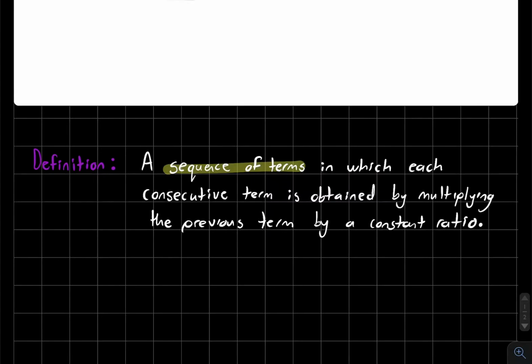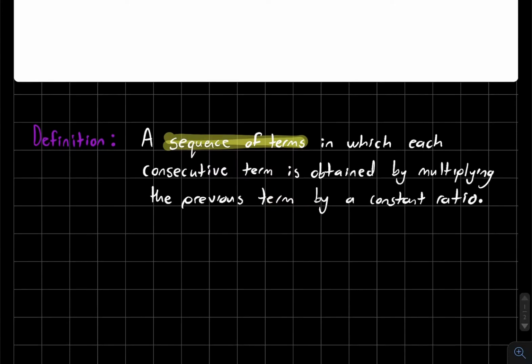But it does have a bit of a different behavior from arithmetic and quadratic sequences, because in this case, to get the next consecutive term, instead of adding a difference, we multiply. And we're multiplying by a constant ratio. That constant ratio is referred to as R.